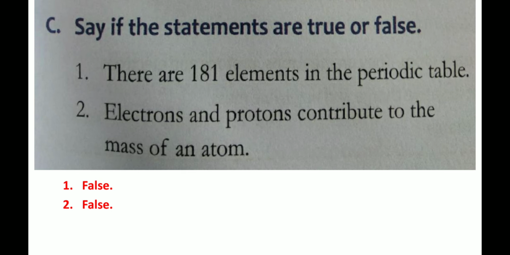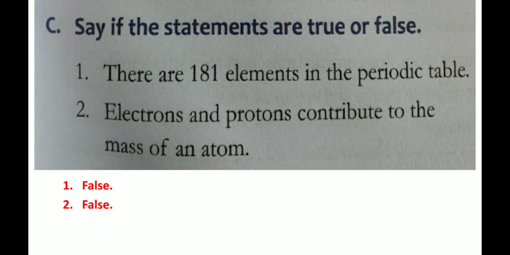Now, say if the statements are true or false. Number 1, there are 181 elements in the periodic table. This statement is false. The correct statement is there are 118 elements in the periodic table. Second one, electrons and protons contribute to the mass of an atom. This statement is false.